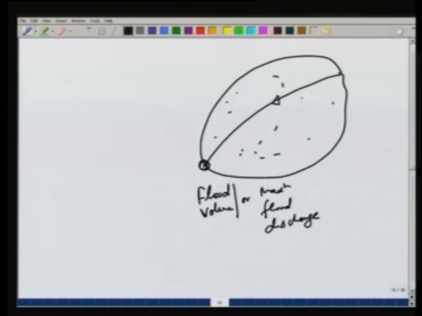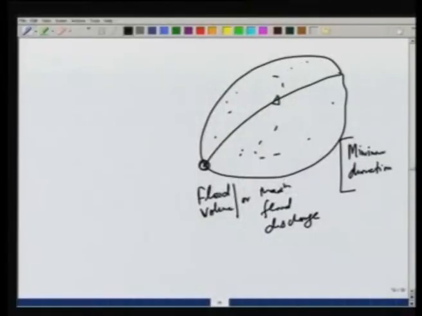And for that purpose, as we have seen, the intensity will decrease with the duration. So, we want a minimum duration, and we do not want a duration which is very small also, because then the entire area of the catchment may not contribute to the flow. So, if the duration is very small, suppose the duration is such that only this much area is contributing to the flow at one time and then the flow from this area reaches after some time, then we will not be able to get the maximum flow discharge.